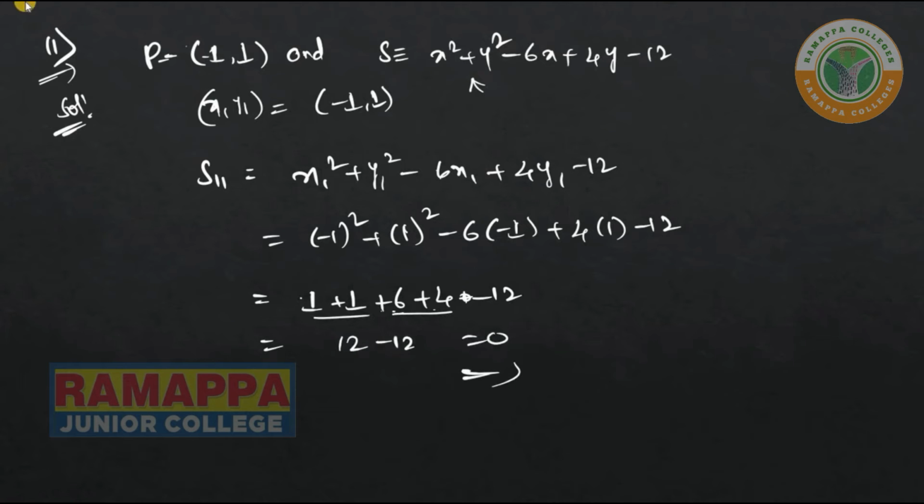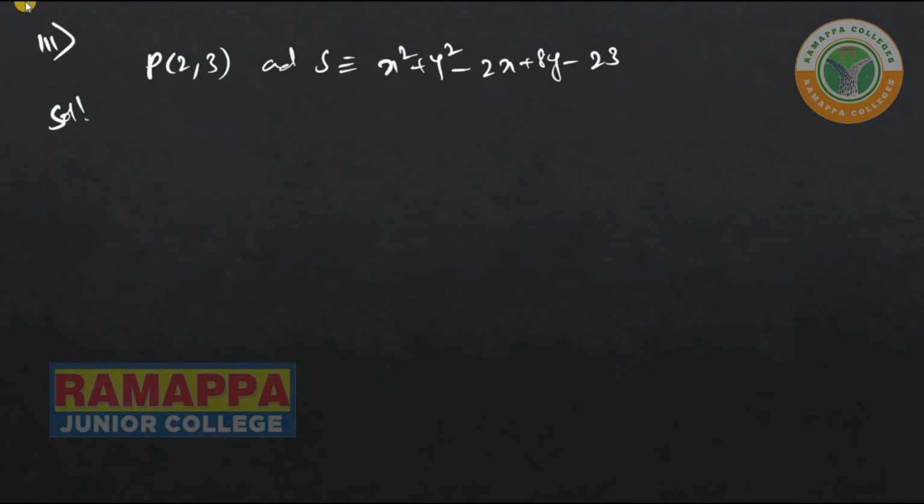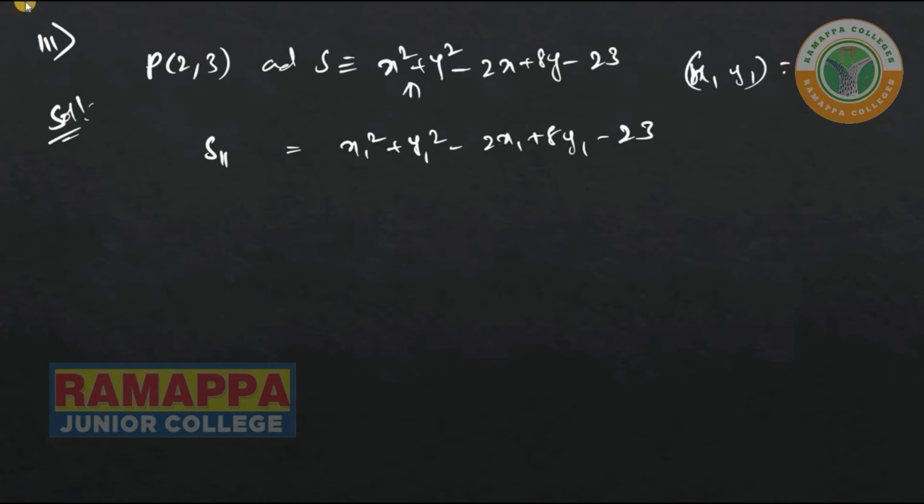Now move to the third one here. Now third one solution here, P x1 comma y1 is given and the circle is also given. Here we have to find S11, where S11 is equal to x1 square plus y1 square minus 2x1 plus 8y1 minus 23. Here x1 comma y1 is equal to how much? 2 comma 3. So we have to substitute in this one.